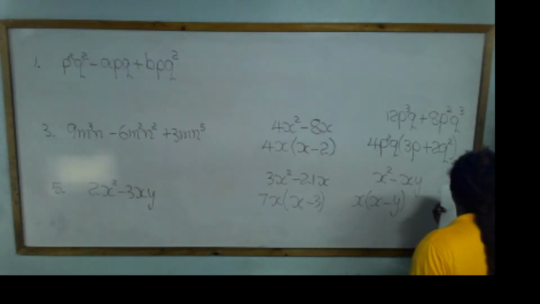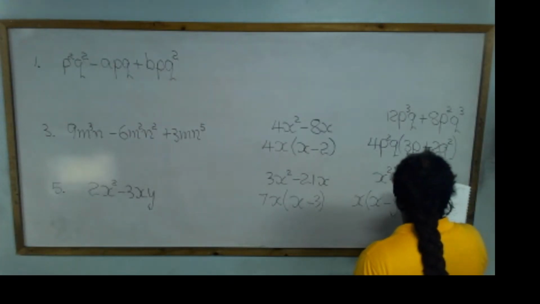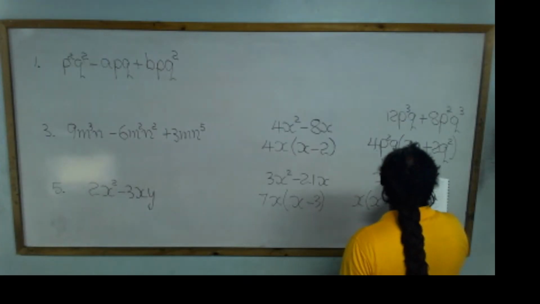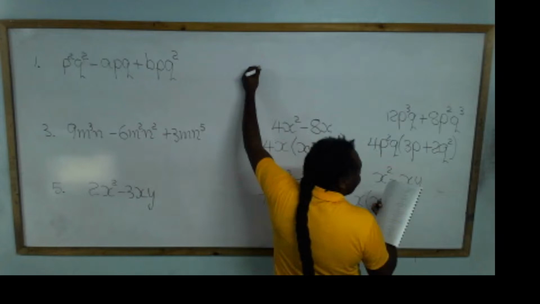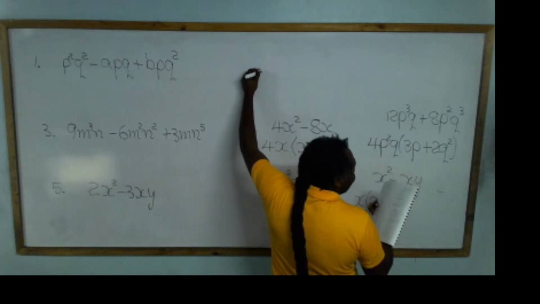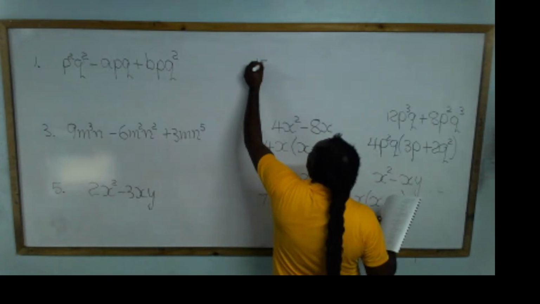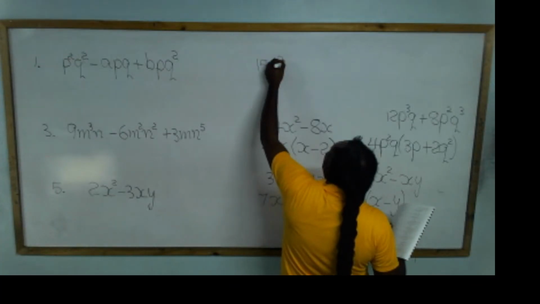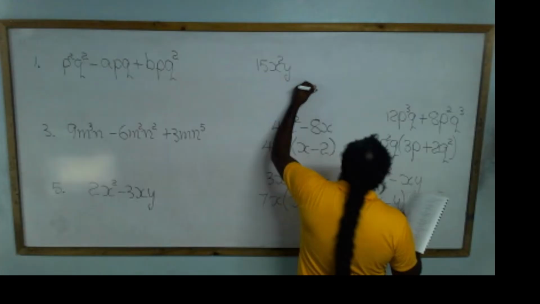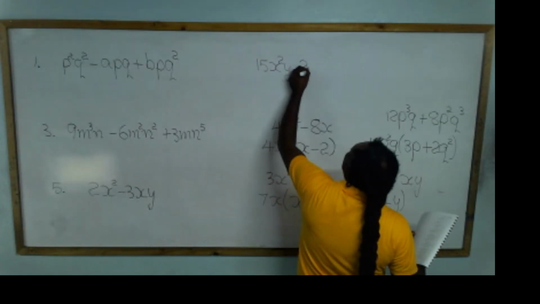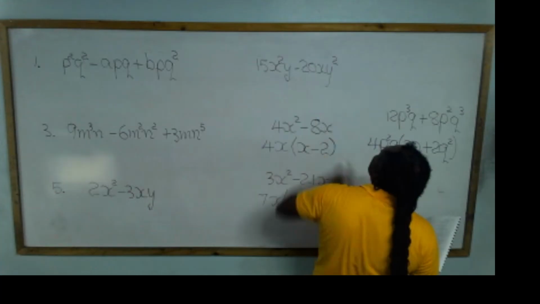These examiners, they don't use their imagination, you know. They try to give you a problem that looks close to the other one. Let me just put this one up there. 15x squared y minus 20xy squared.